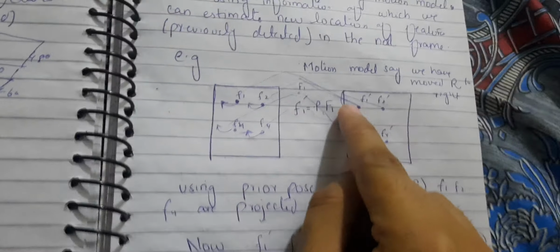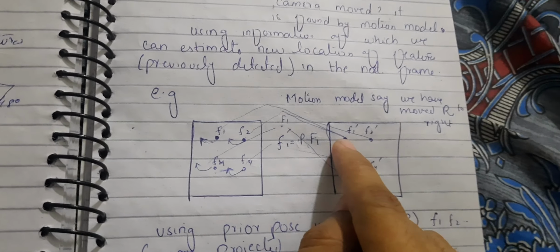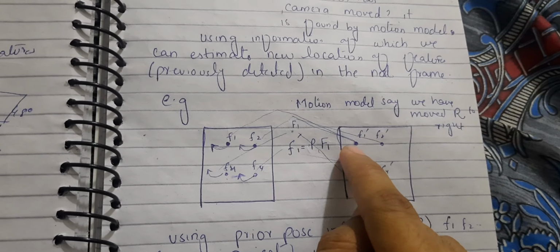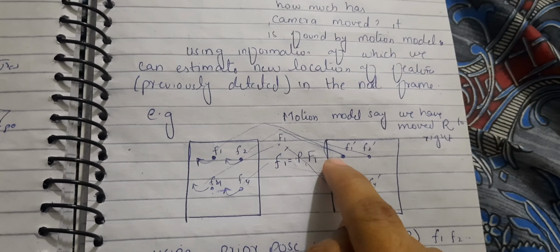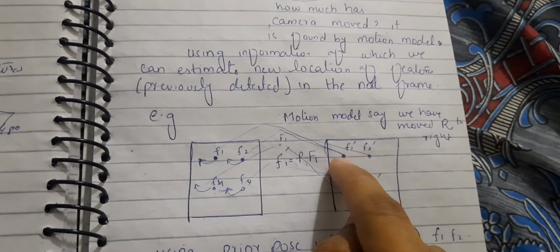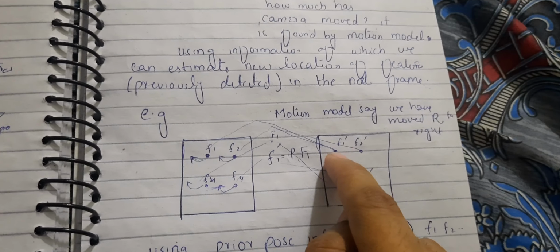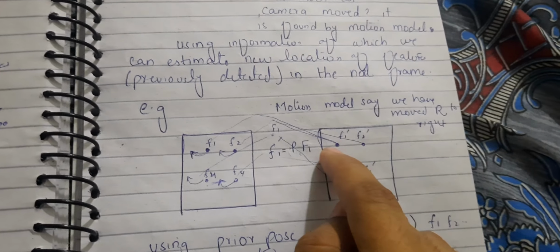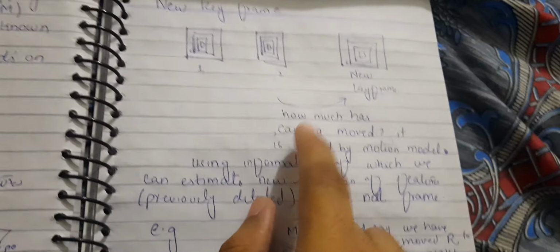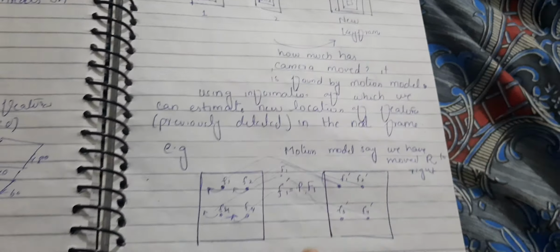Now it's obvious you don't know the exact location of this feature, but you at least know that it could be somewhere around this region. Why don't you know the exact location? Because this method was not perfect.